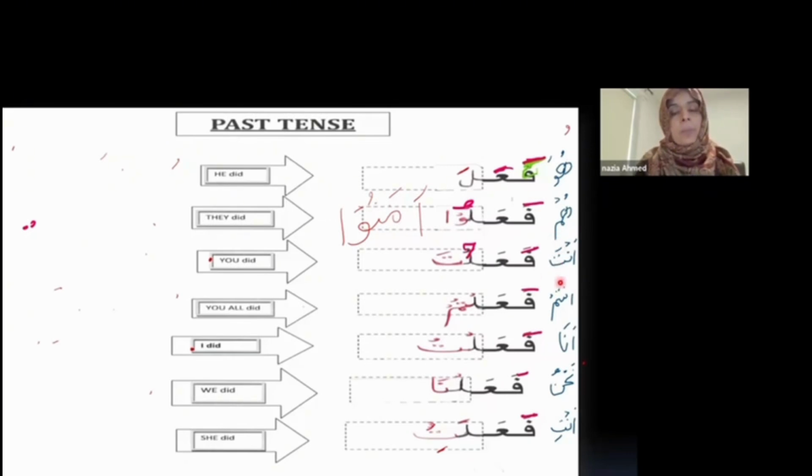We're going to take ta from anta. Fa'alta. Because we're adding ta to it, so I'm going to put sukoon on the lam. Fa'alta. You did. Remember antum? I'm going to take tum from antum. Fa'altum. You all did.